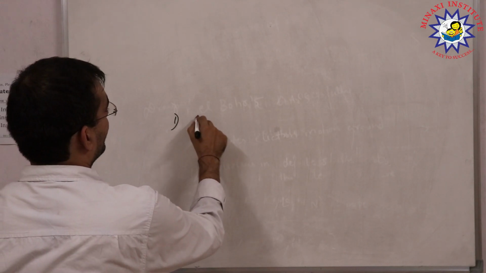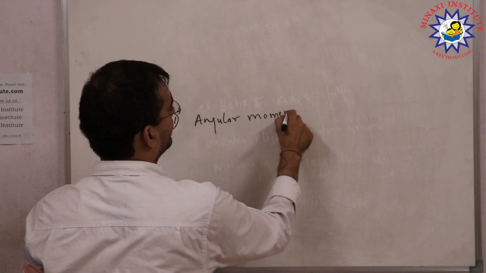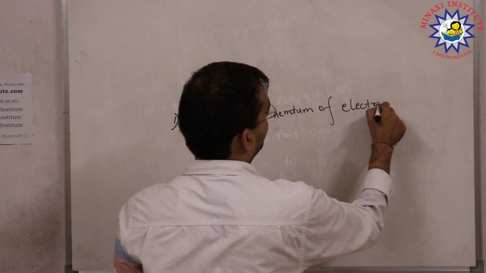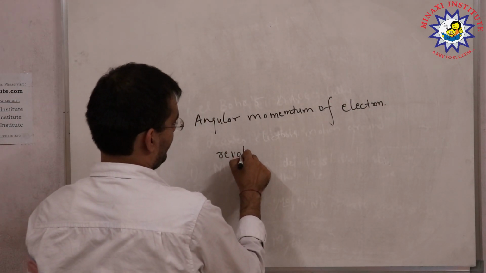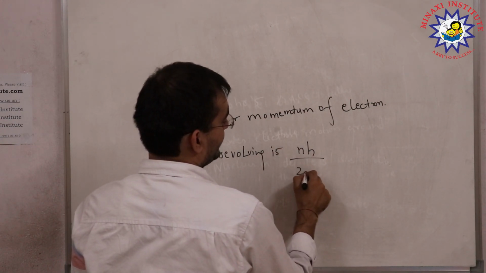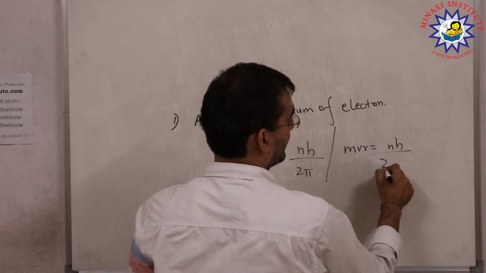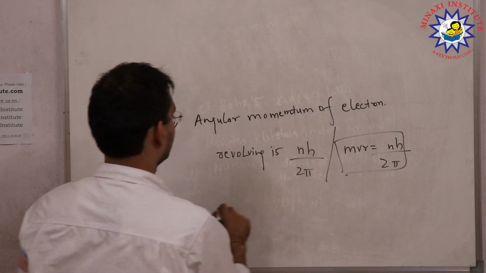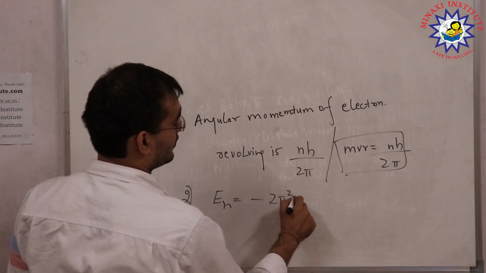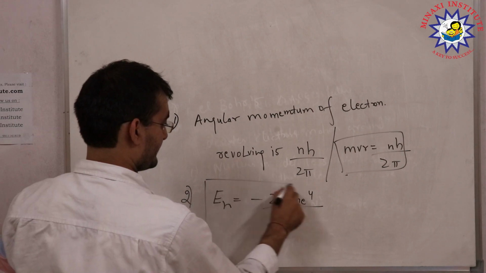The angular momentum of the revolving electron, mvr, is nh by 2 pi. Next, energy is given by minus 2 pi square m e4 n square by h square.